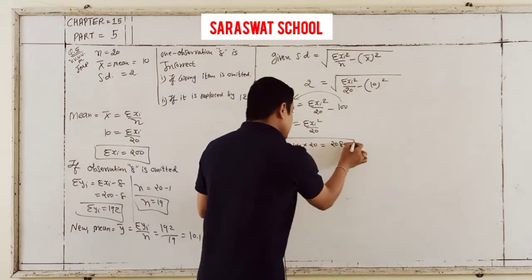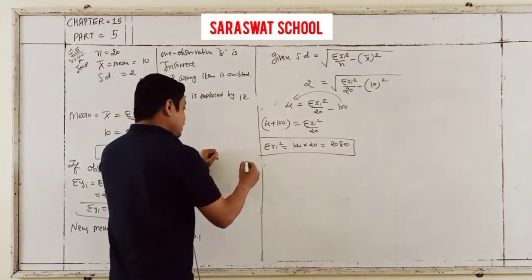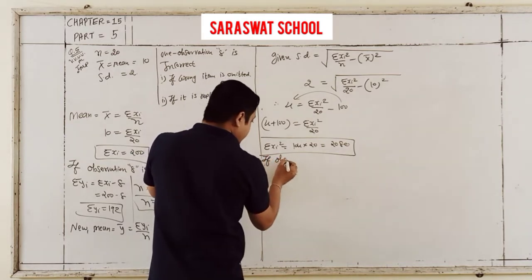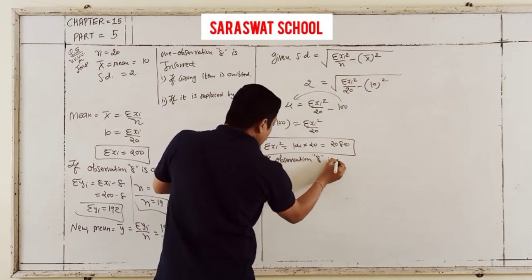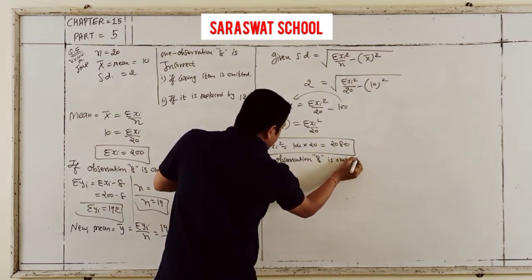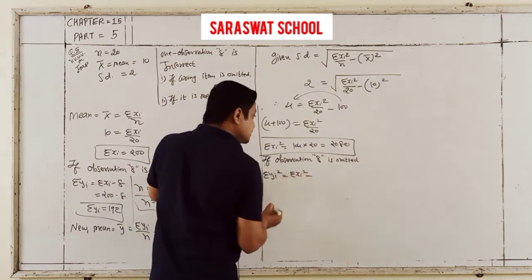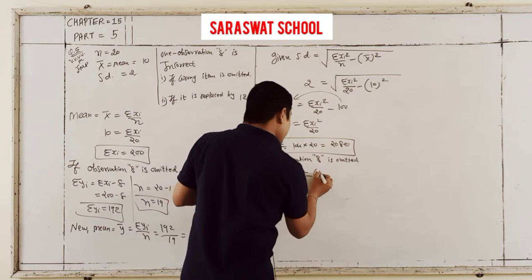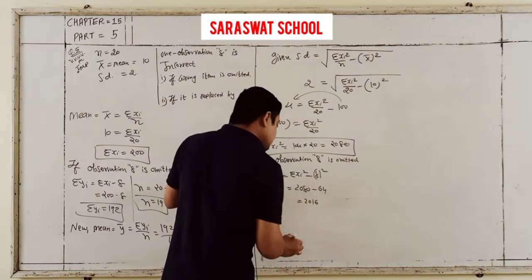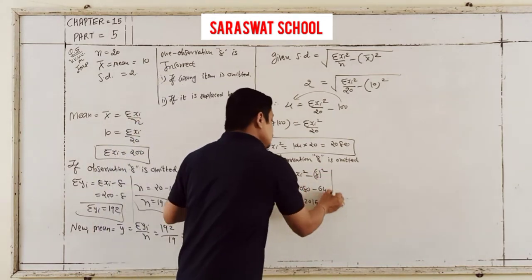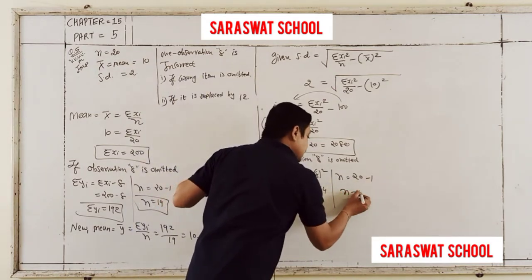Now in this pattern, we want the wrong item deleted. So if observation 8 is omitted, the new sigma yi square is sigma xi square minus 8 square, 2080 minus 64, yes, 2016, and n becomes 20 minus 1, which is 19.